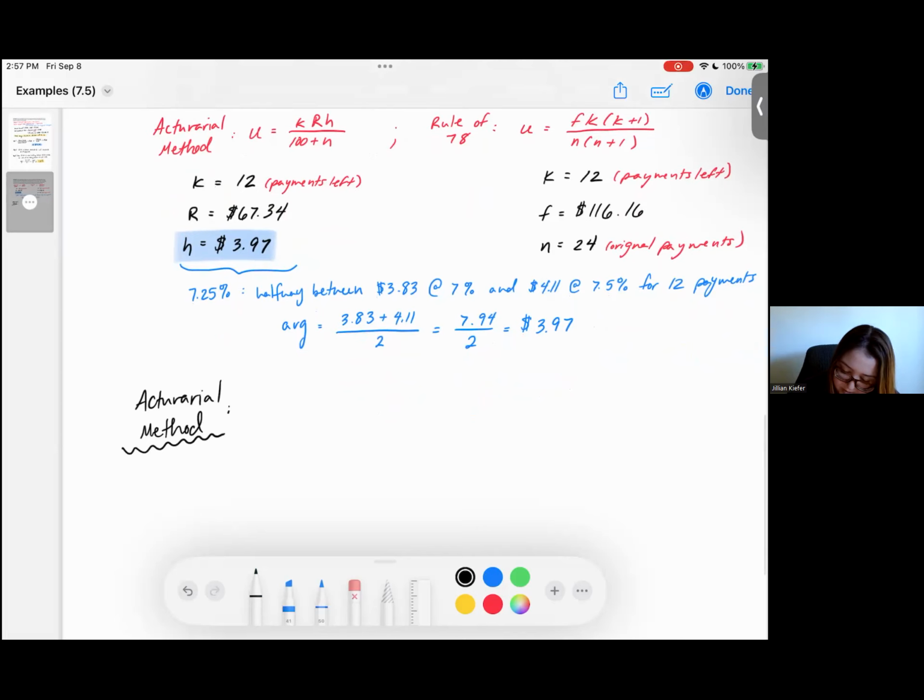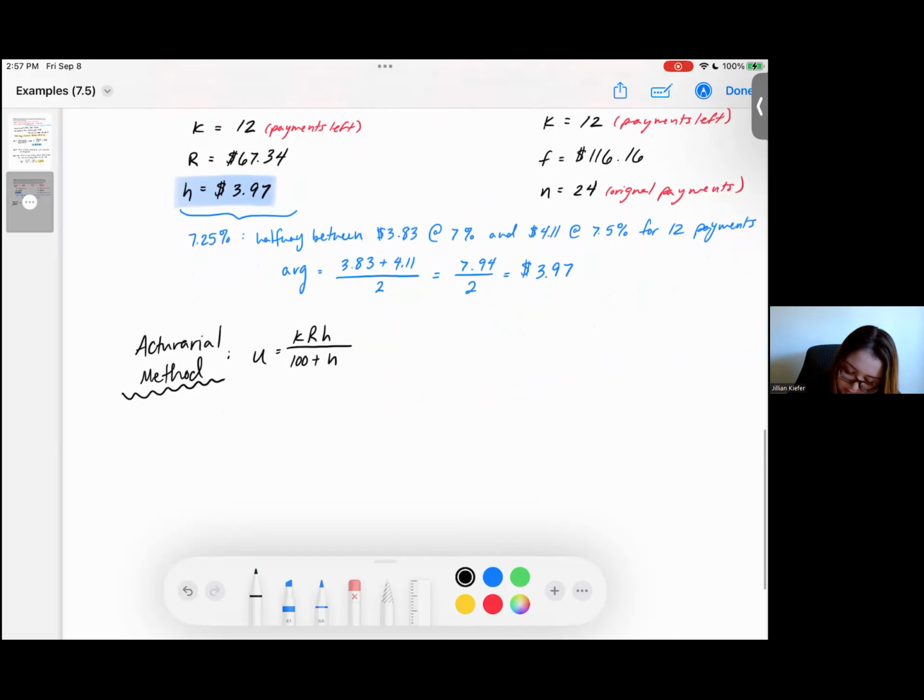So our actuarial method, like we said, was U is equal to K R H divided by 100 plus H. When we plug these values in, we'll have U is equal to K, which we said was 12, times R, our monthly payment, $67.34, times the value of H, $3.97.